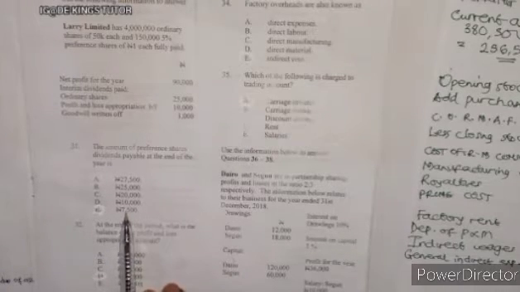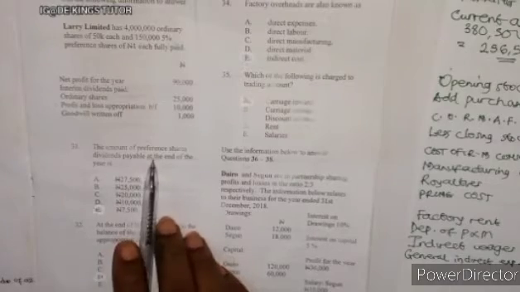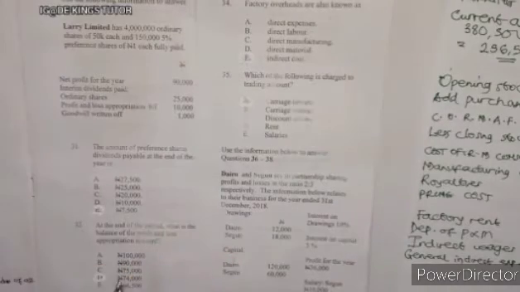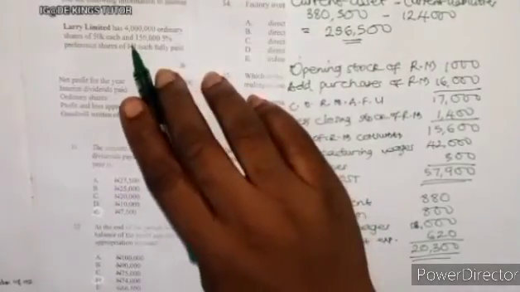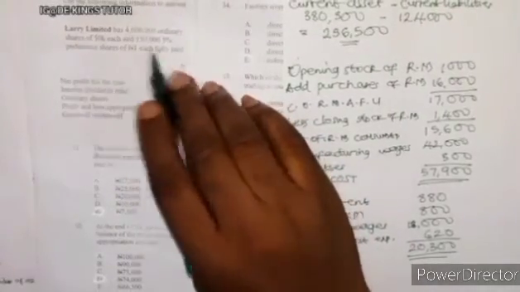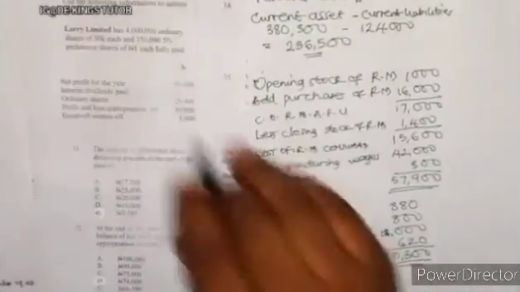7,500. Okay, so what will be the preference shares dividend? Look at the preference share here, they say 150,000 5% preference share of 1 naira each.